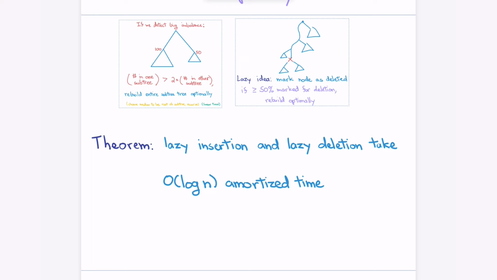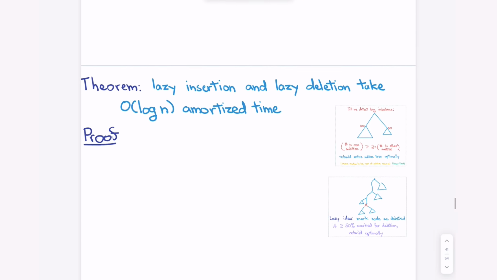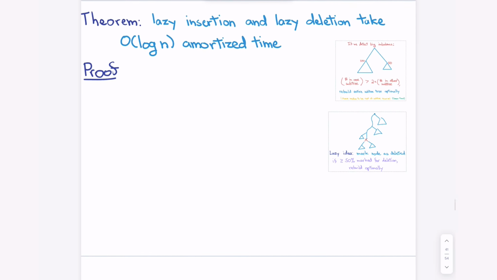Okay. So now to get to your point, how do I try to justify this? So maybe one thing I should point out is that it won't be too hard for us, but we need to redo the lazy insertion part because it's a different algorithm now. Okay, and then we also need to account for the deletions.